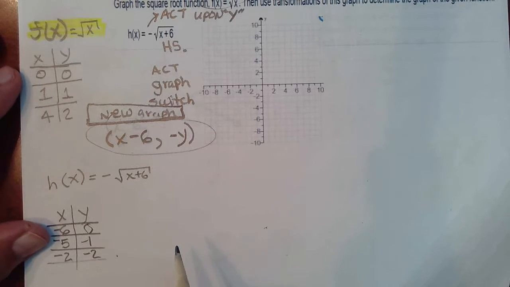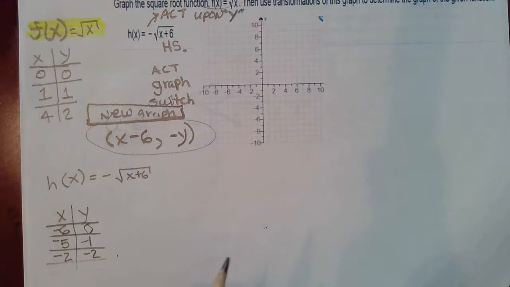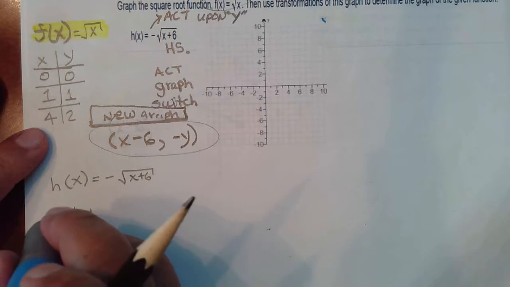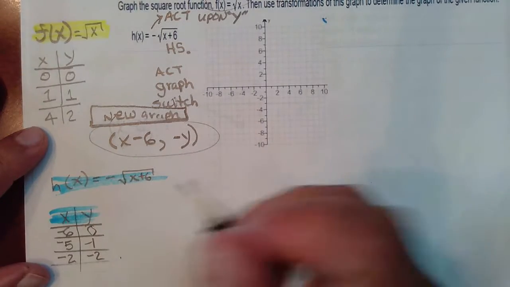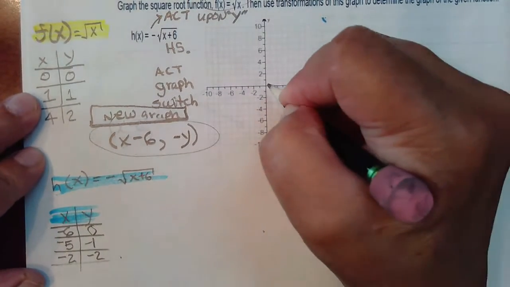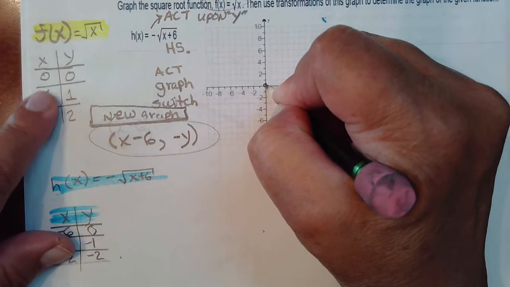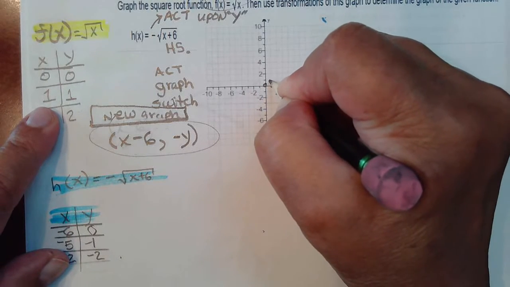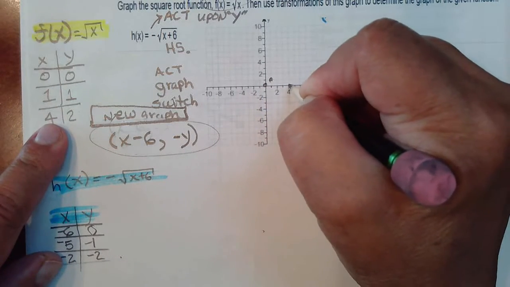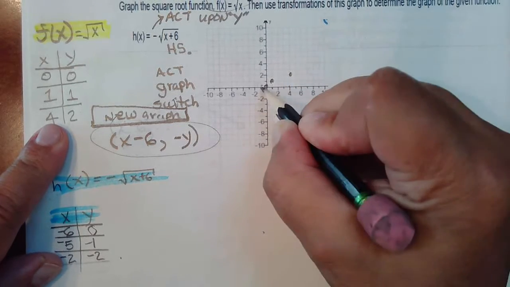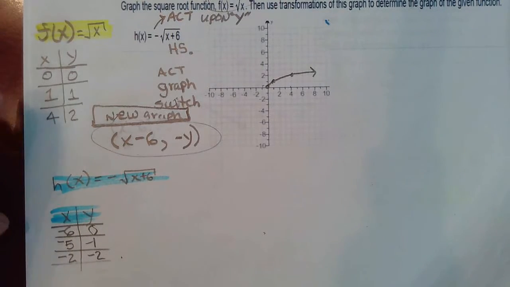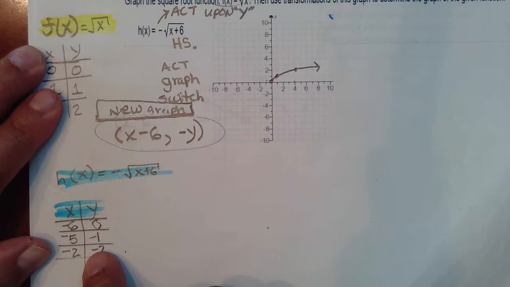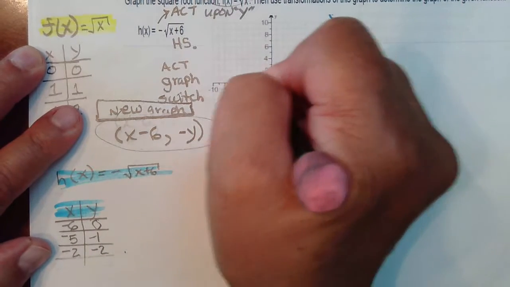Go and plot them. You can plot both of them at the same time. This is going to be your new graph. That comes from this, even though I took a shortcut to getting all the y partners. So for this parent graph you have 0, 0, you have 1, 1, and you have 4, 2. And we discussed that that's the shape. Then for this, to get the new graph, you have -6, 0.